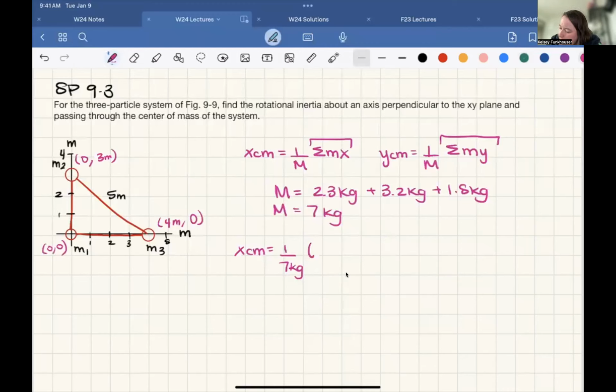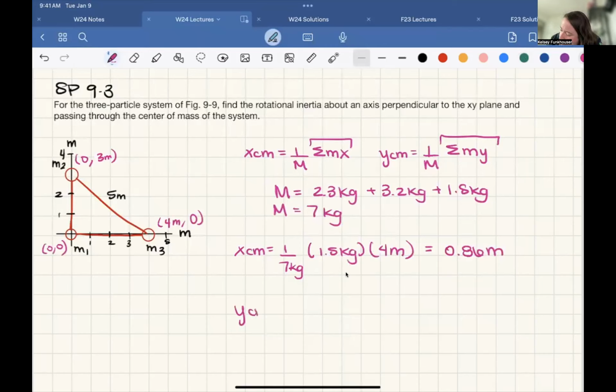So it's just going to be mass 3, which is 1.5 kilograms times 4 meters. And this is 0.86 meters. That's the X position.